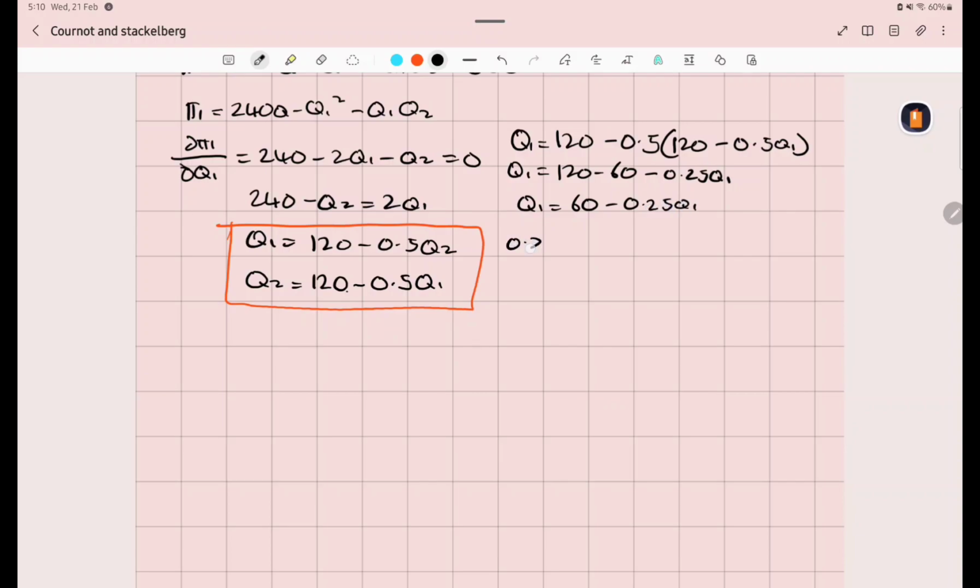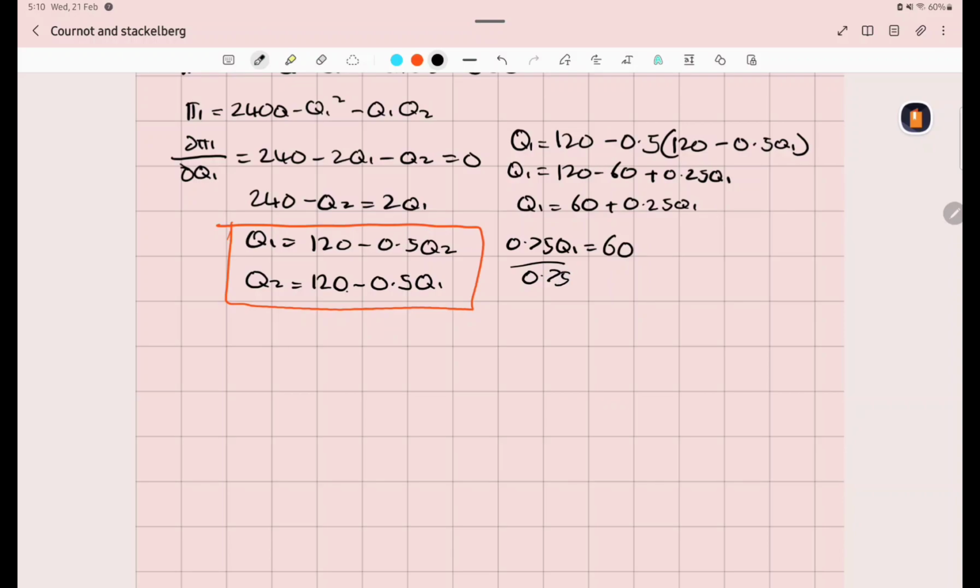And then you have 0.75 by adding it to both sides. You know what? I've made a mistake. That negative changes into a positive, so that's a plus. And subtracting 0.25 from both sides will give you 1 minus 0.25, giving you 0.75 Q1 equals 60.